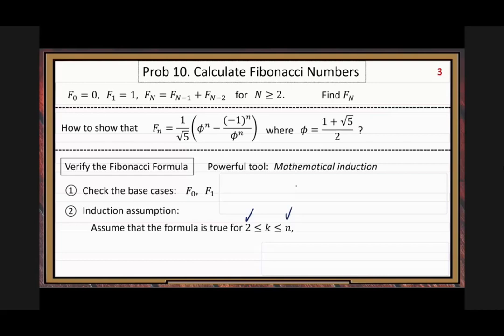All right. Yeah. And this assumption tells us when k falls in this range, you can assume this formula is correct. But this assumption is built on top of our step 1 verification step.